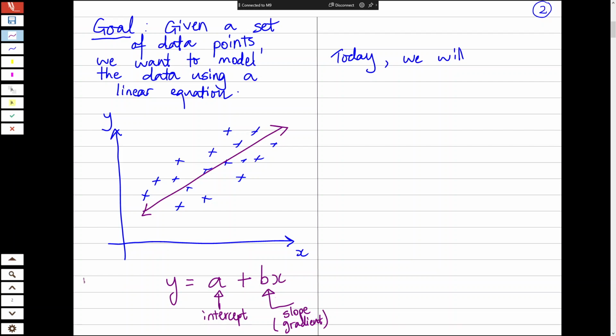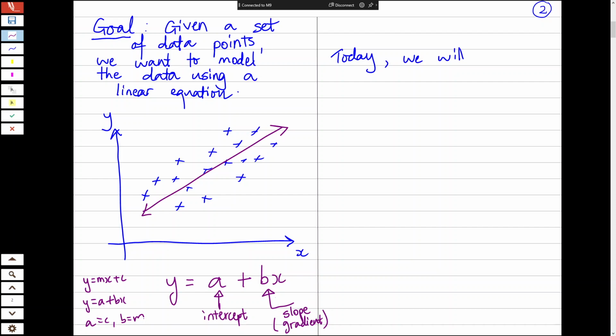So just note the difference between mx plus c and a plus bx. Here, a equals c and b equals m. So in general maths, we use this form. I think it's confusing, but you'll just have to get used to it. So a for the intercept and b for the slope.